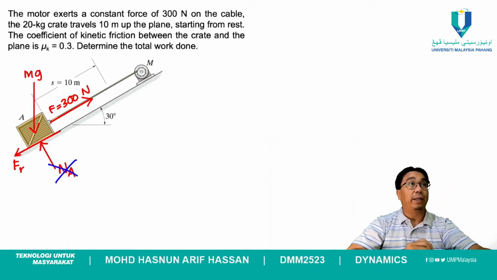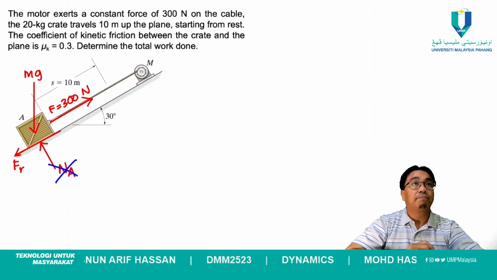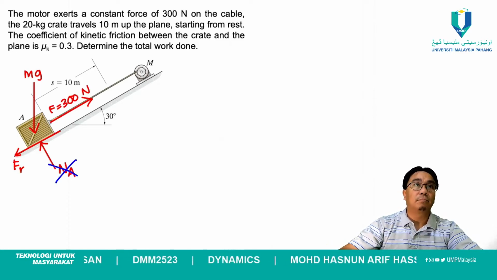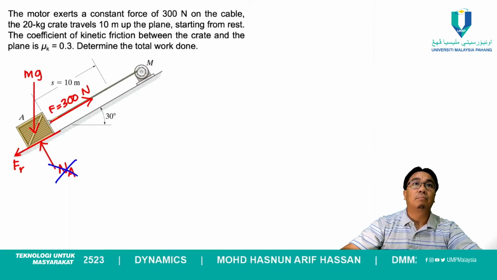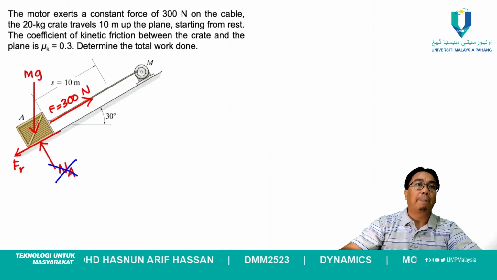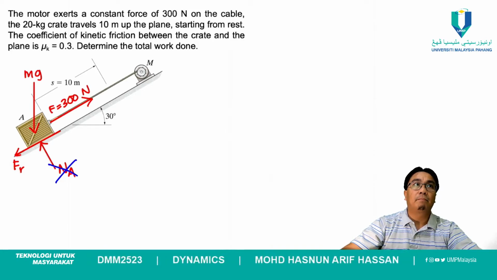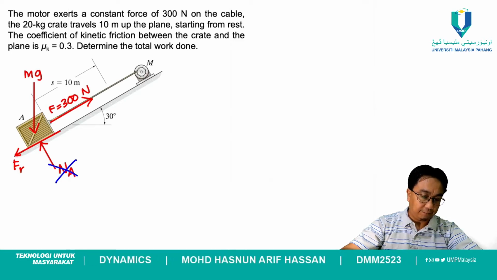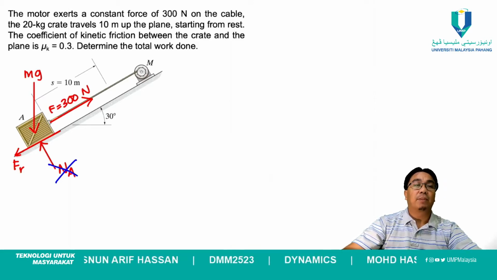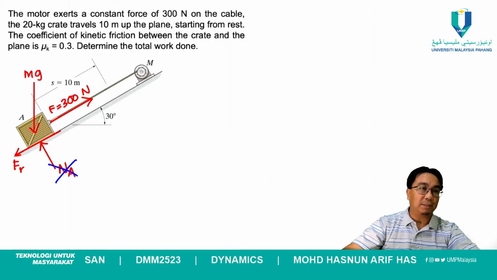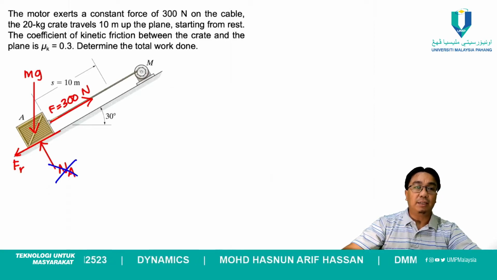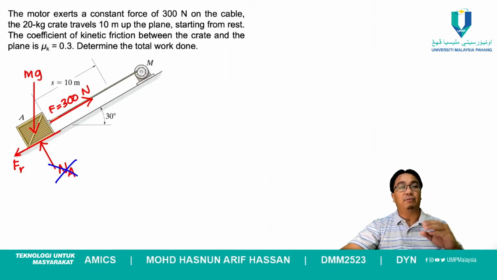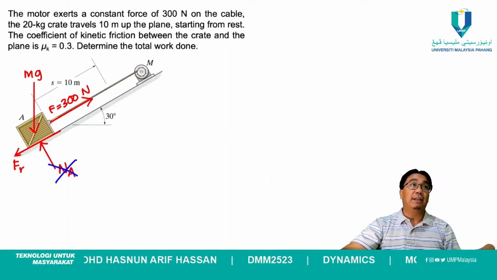What about the weight mg? Does mg do work? mg sin theta? But remember, mg is not the same as the other forces. If there is a change of height, then mg will do work.